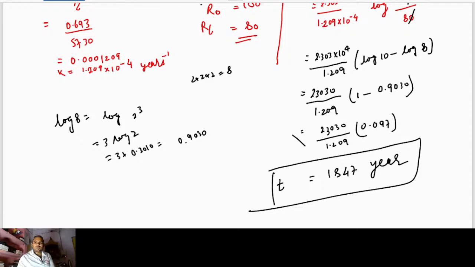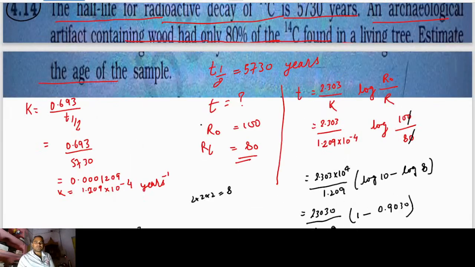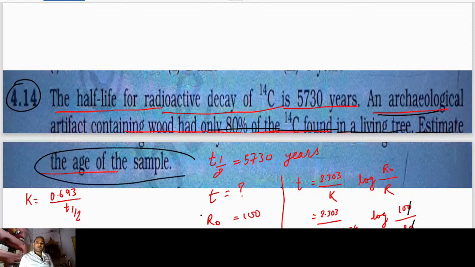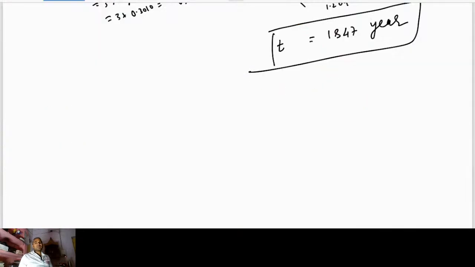So here you see the question they are asking, student. An archaeological artifact containing wood had 80% of the C14 found in living tree. Estimate the age of the sample. So age of the sample will be how much, student? 1847 years. So this is all about the answer.